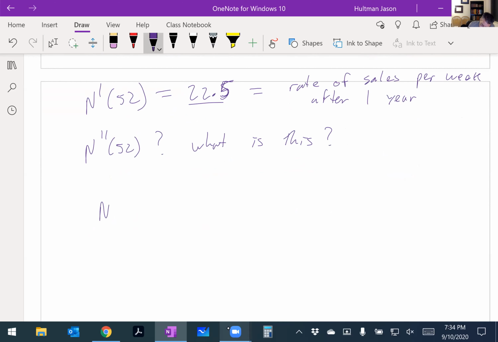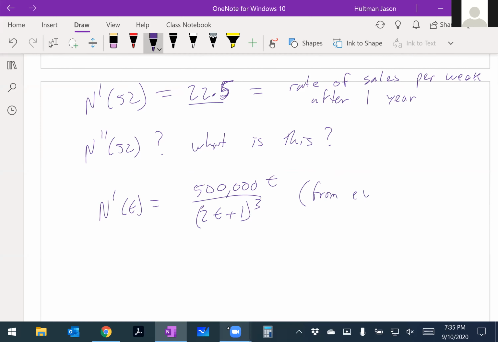Let's take N prime of t and say that N prime of t was equal to 500,000 t over (2t plus 1) cubed. Wasn't that what we found that out to be? I think that's what it was. Okay, so this is from example 5 of 1.7.